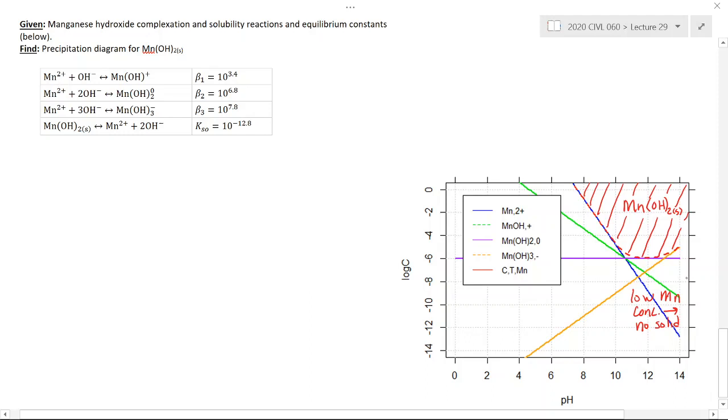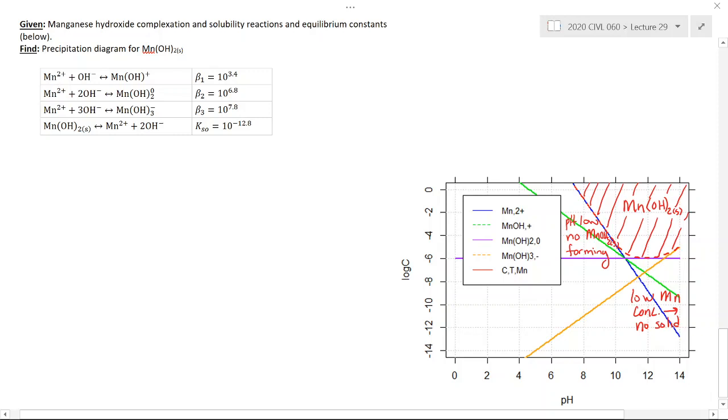No solid is forming because the manganese concentration is too low. Over in this part of the graph, the pH is too low, so you don't have any manganese hydroxide solid forming.